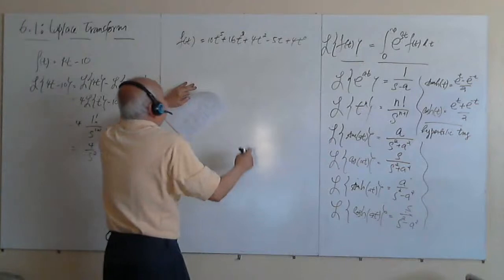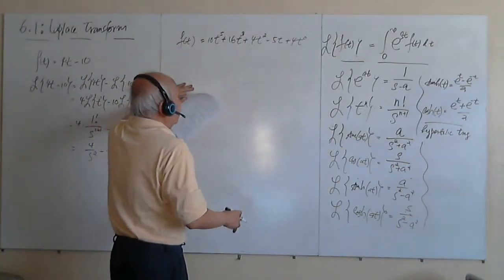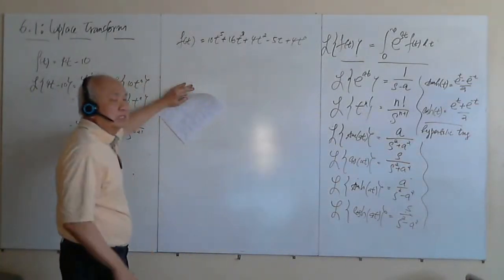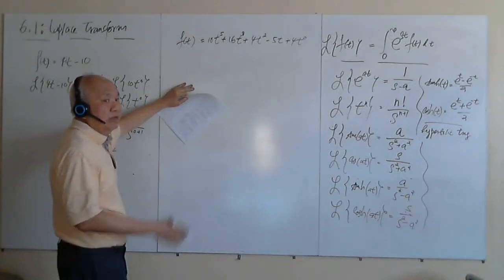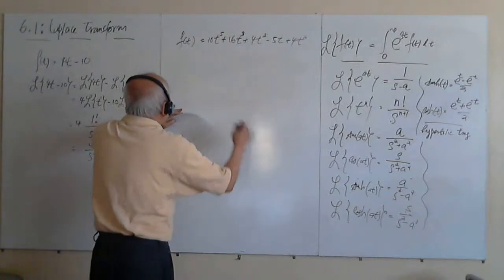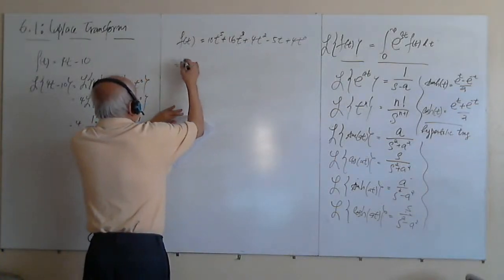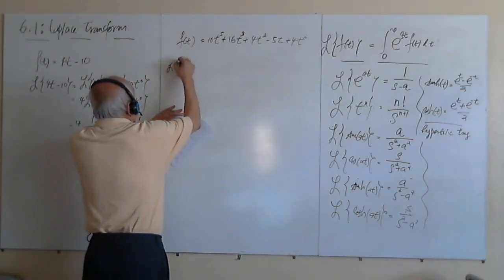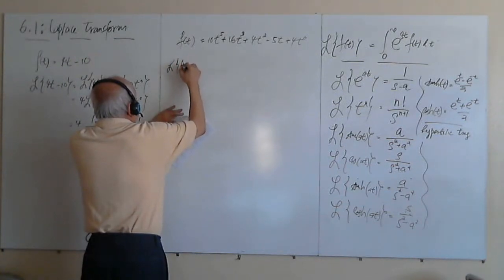Correct, right? Then here, just like the case of integration and differentiation, we can do it term by term. Same thing, right? So it can be equal to the Laplace transform of f(t).